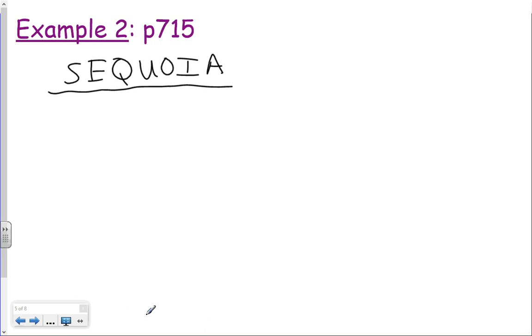The first thing is it says, what's the probability that the letter Q is in the 4th position? All right, so that'll be our first event. Event A is that the Q is in the 4th spot. Put the Q in the 4th spot, or 4th position, whatever you want to say.